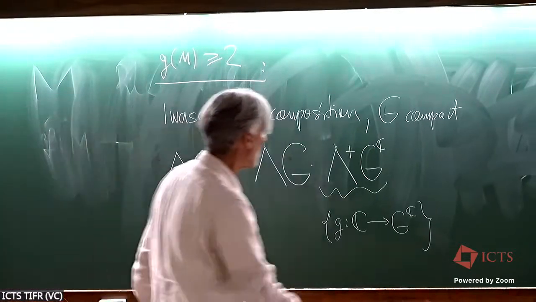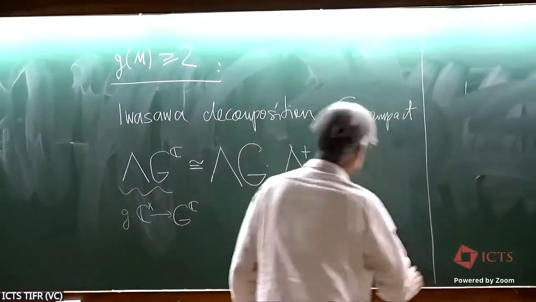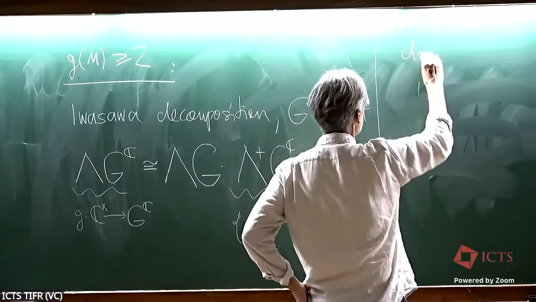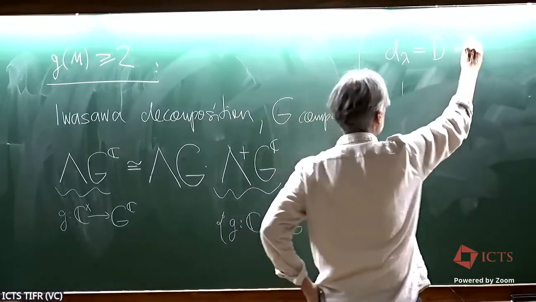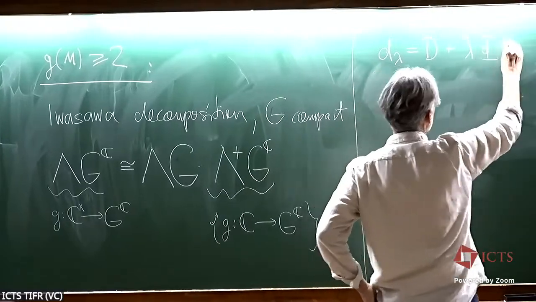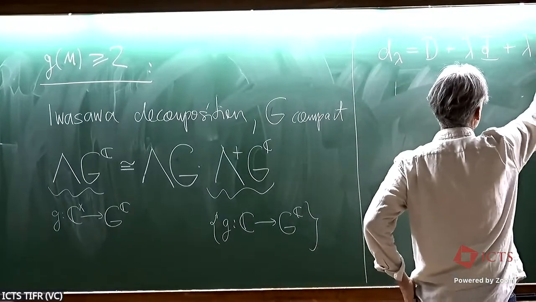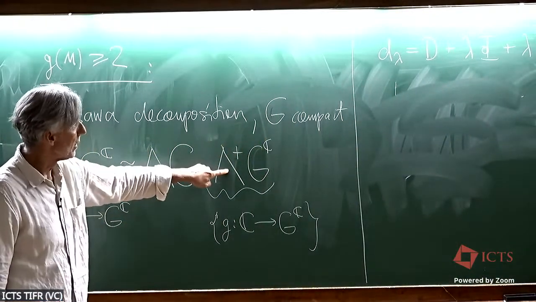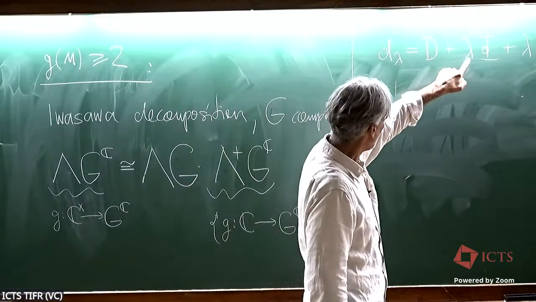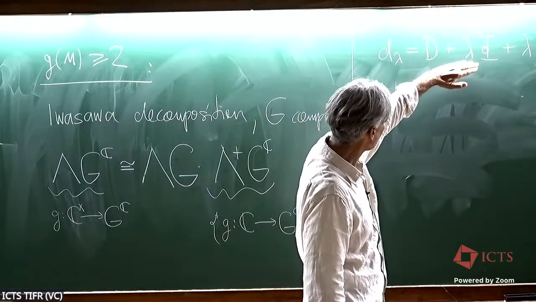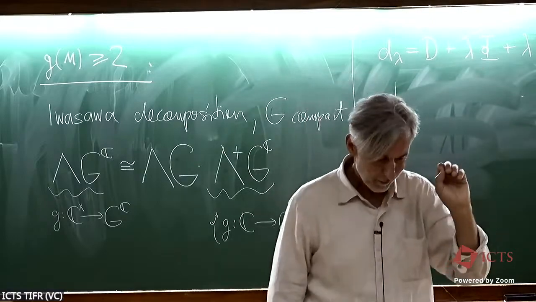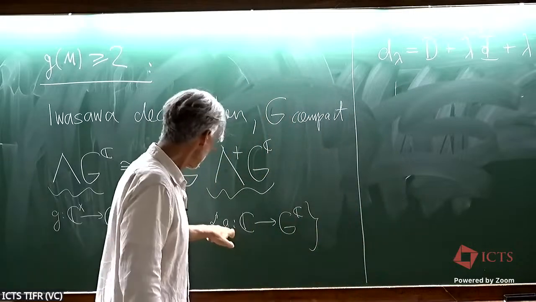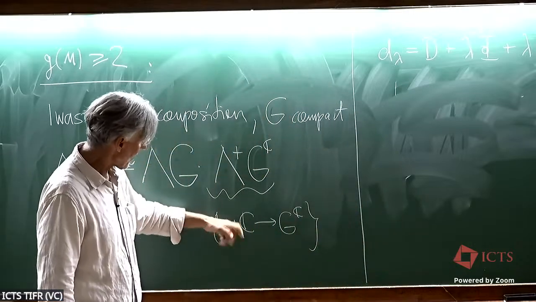So now an important thing to note is that if you take some of the connections we had, d plus lambda inverse phi plus lambda phi bar, say, and you gauge them with this plus group, the simple pole at 0 is preserved because the gauge extends in lambda to 0.